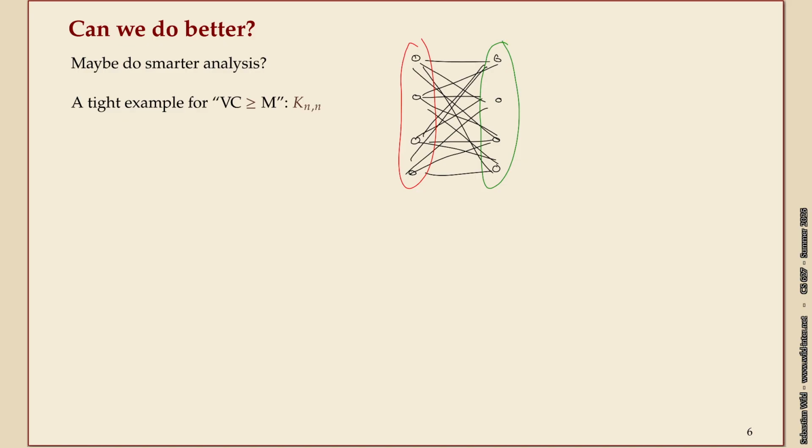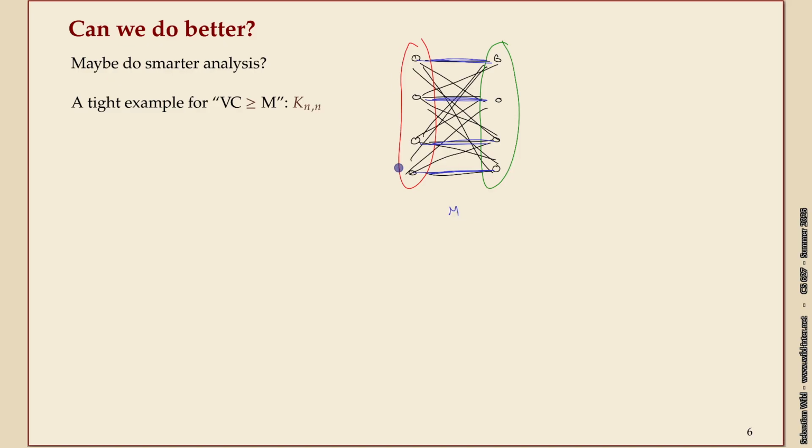A maximal matching could be this one. And because it's a complete graph, everything's symmetric, you can always pair up vertices somehow. You can always find a perfect matching in this graph. So that will be M, and you'll output all vertices in your greedy algorithm.